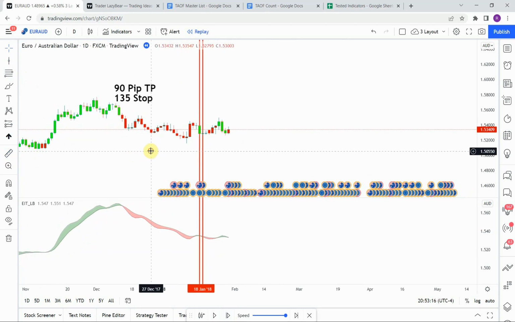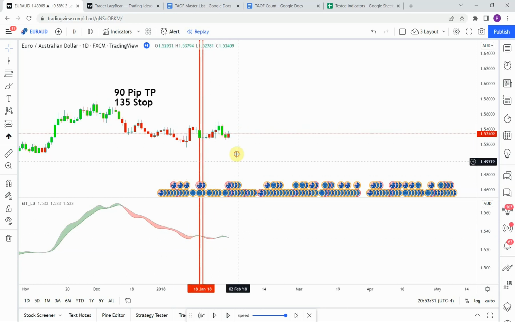All right, so the first signal that we picked up was a long signal. You can see that green bar right there. Slightly see the change in the ribbon right here, but immediately on the next bar we switch back to the red. And so that first one gets us stopped out there. Then the short signal that we pick up right here gets stopped out after a few bars.